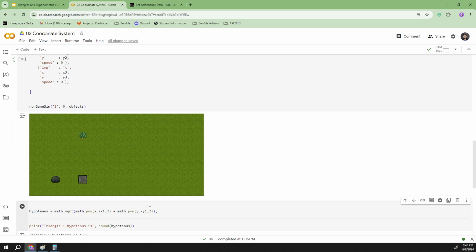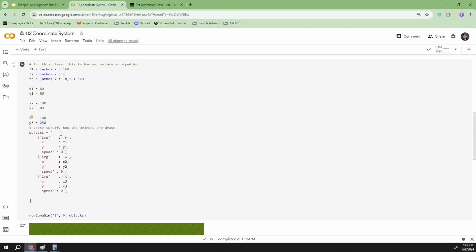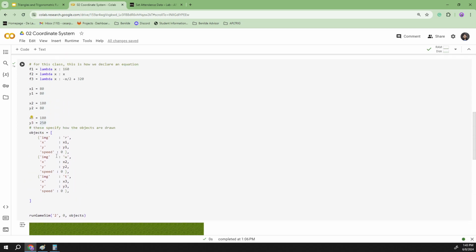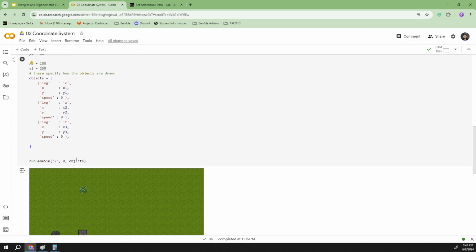So how do we know this works? Let's say our side 1 would be, you don't have to copy this, but I'm just showing you. So I want from the rock to the block. So that is x1, y1, and x2, y2.